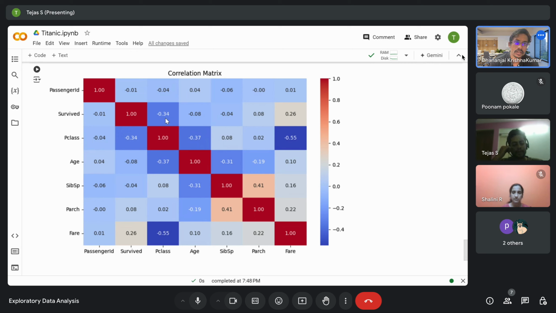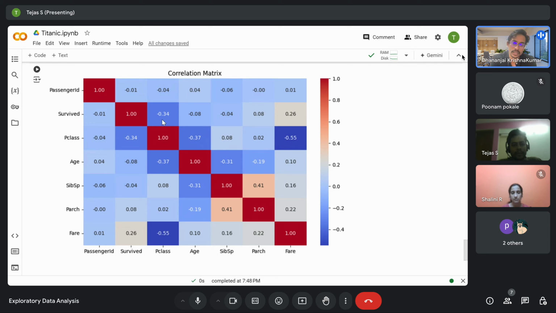Negatively correlated means if one increases, the other decreases, right? So in that case, the weights can be in such a way, and that can actually be used. Yeah, correct. If one value increases, the other decreases. Actually, we want very little correlation, right?